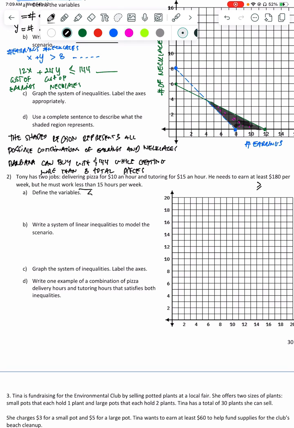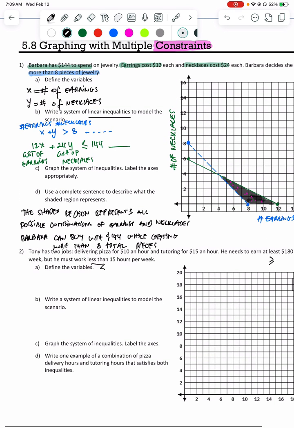We have the tutoring hours and we have the pizza delivering. You can call them X and Y, but let's change it up a little bit. I should have said "let" before here.